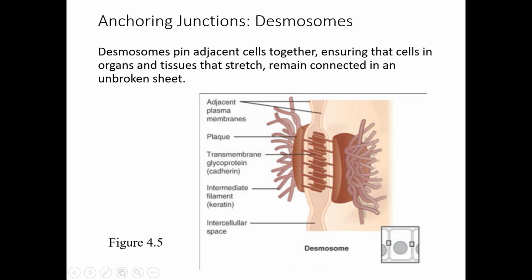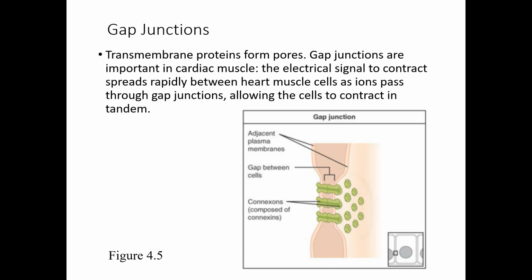They allow some movement between those two cells. So cells remain connected, but those cells can stretch. So that type of junction is important in our stretchable organs, like bladder, like stomach.